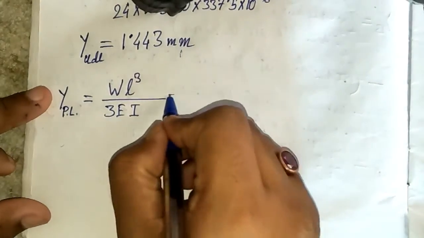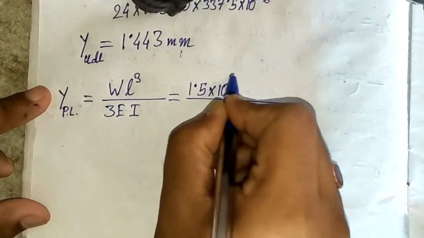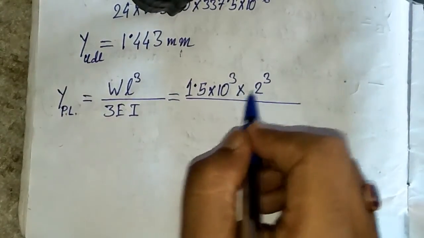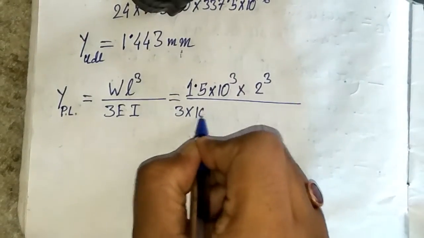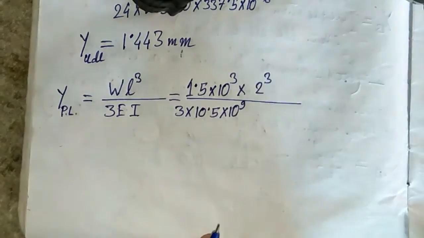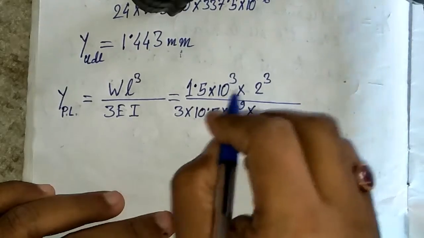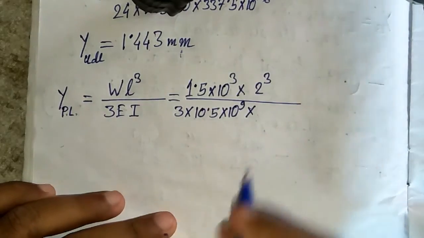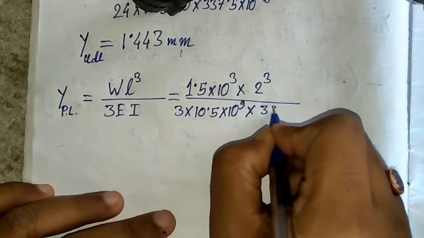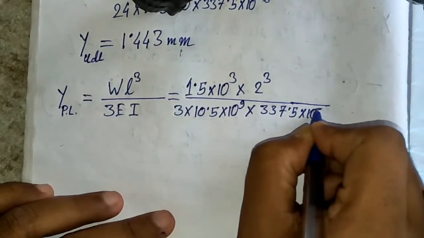The value of W, that means the point load, is 1.5 kilonewton, so into 10 to the power 3, L is 2, cube by 3 into 10.5 into 10 to the power 9, because E is in terms of giganewton per meter square, into I value, 337.5 into 10 to the power minus 6.